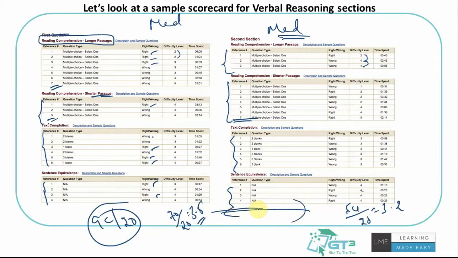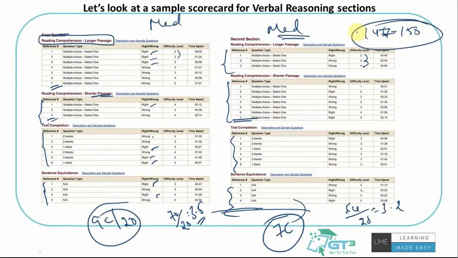So, how many did he or she get correct here? 1, 2, 3, 4, 5, 6 and 7. So, totally the candidate got 16 correct out of the 20. So his final score should be somewhere around 147 to 150.